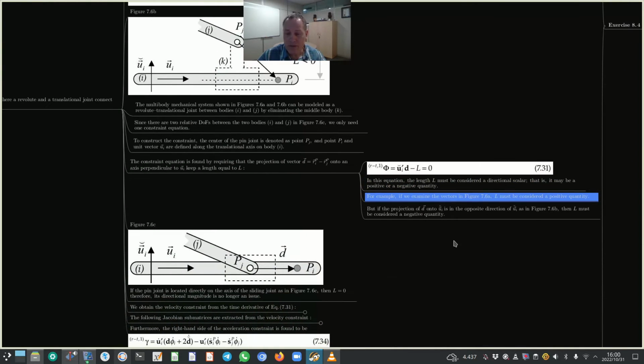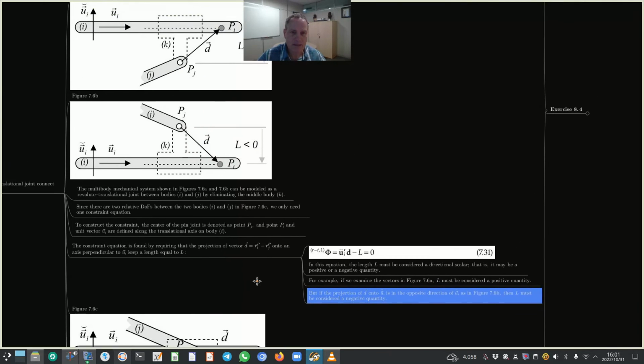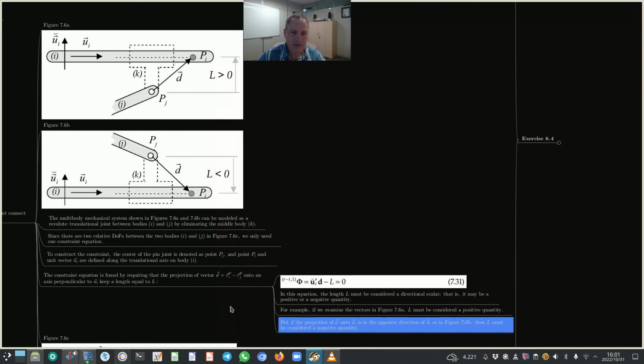For example, if we examine the vectors in 7.6a, L must be considered a positive quantity, but if the projection of D onto ui rotated is in the opposite direction of ui rotated, as in figure 7.6b, then L must be considered a negative quantity. Okay, so Prof. Nikravesh is doing an excellent job of explaining the mathematics in a lot of detail.